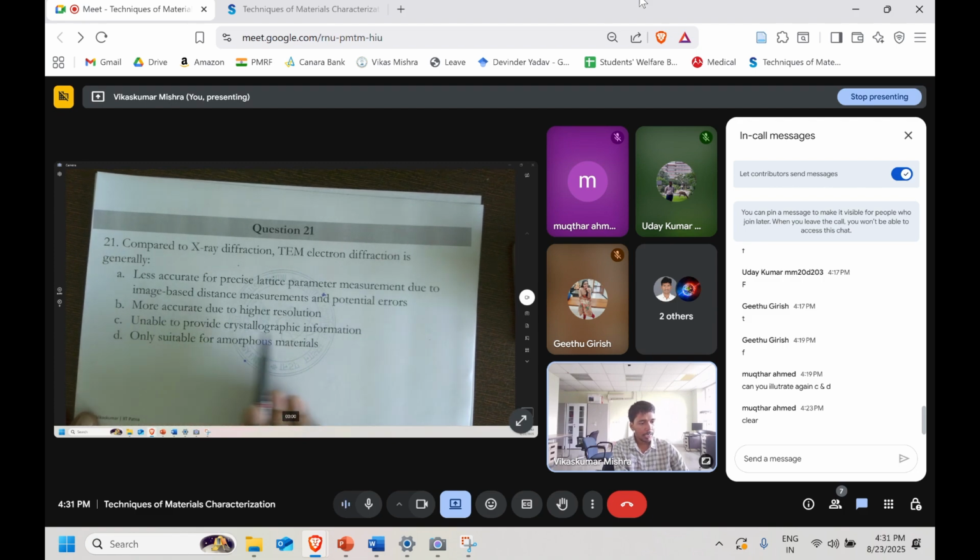B: more accurate due to the high resolution. C: unable to provide crystallographic information, only suitable for amorphous material. C is no, it does provide crystallographic information. D: more accurate due to the high resolution.